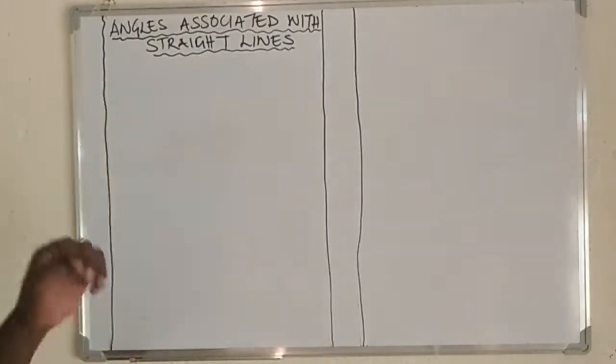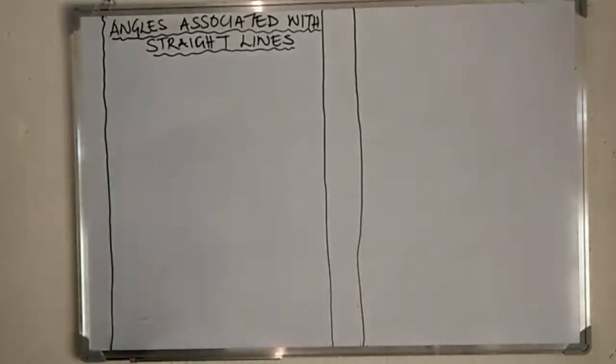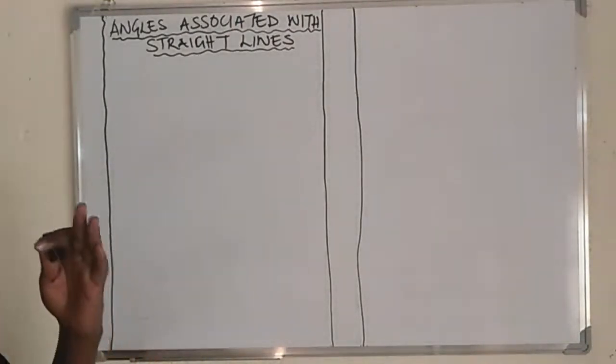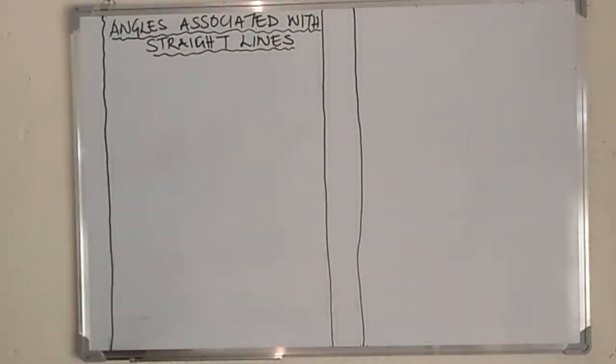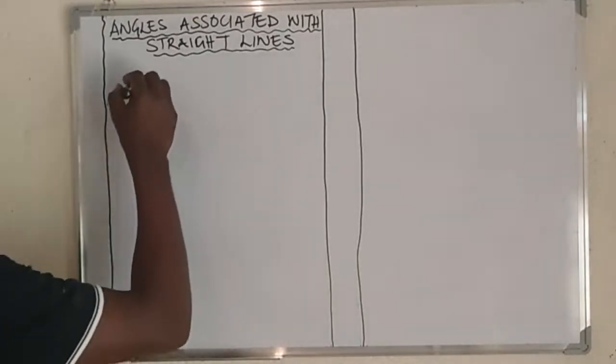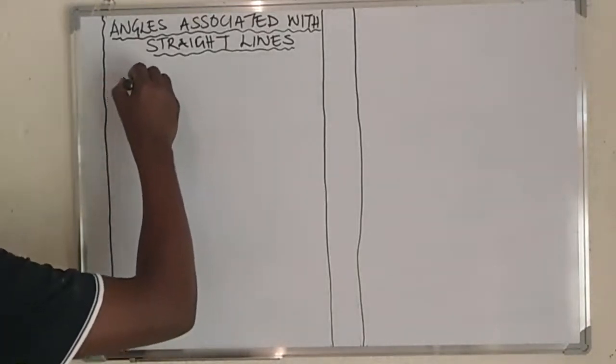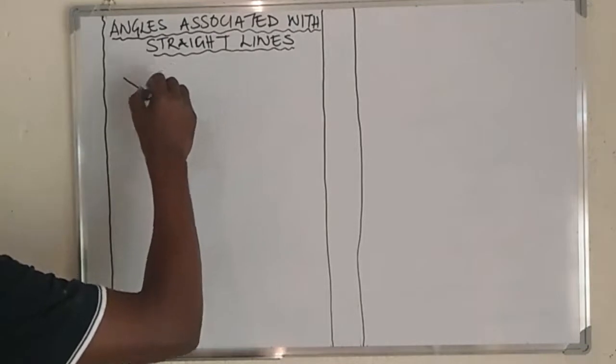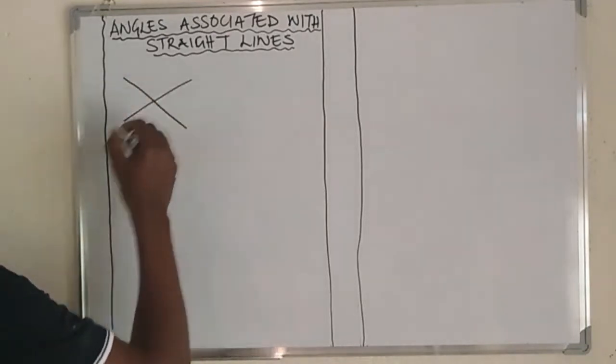So there are certain angles that are made using straight lines. Let's say we have angles that are made through two straight lines crossing each other. For instance, we can have these two lines crossing each other.